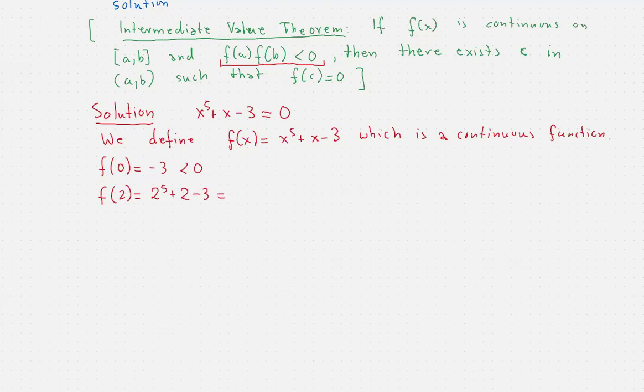So by the intermediate value theorem, a will be 0, b will be equal to 2. By the intermediate value theorem, which we abbreviate as IVT, there exists c in the interval from 0 to 2 such that f of c is equal to 0.